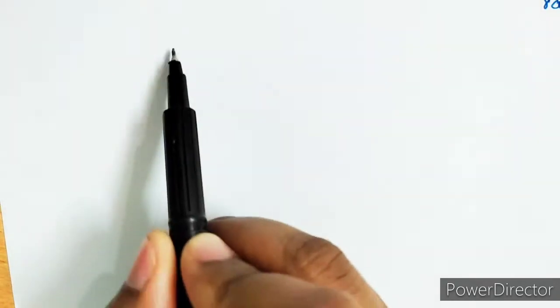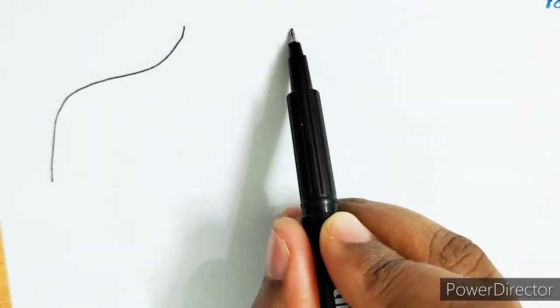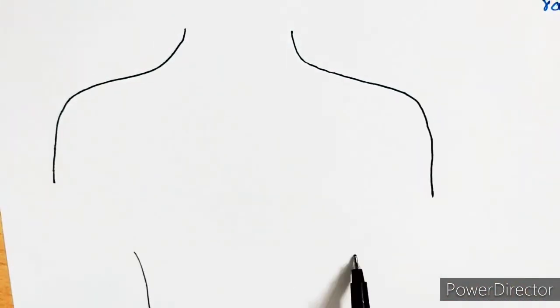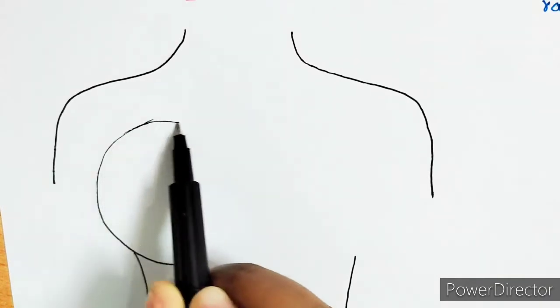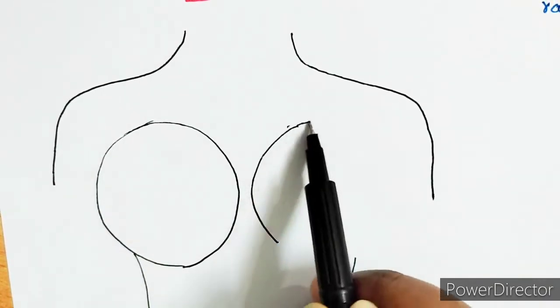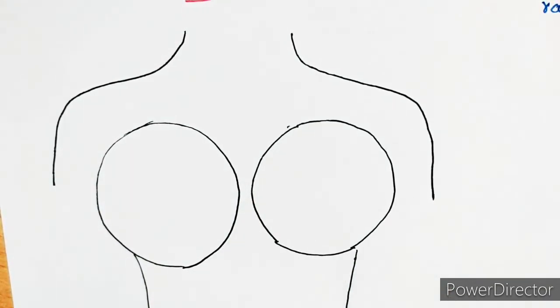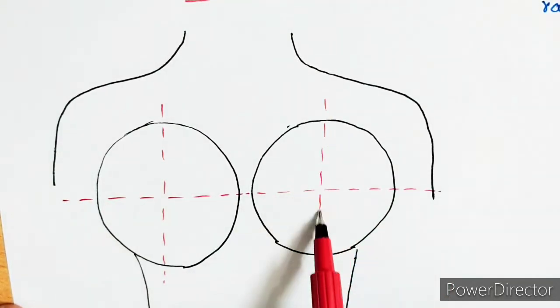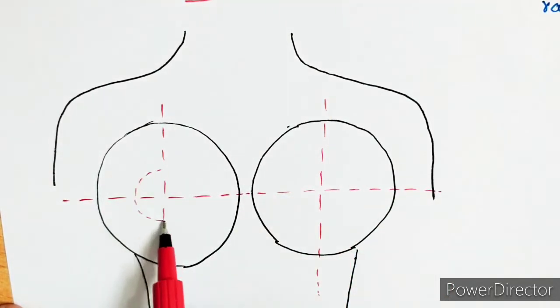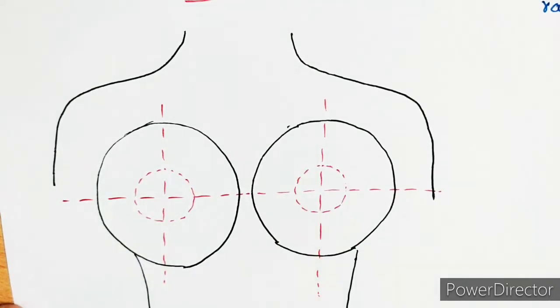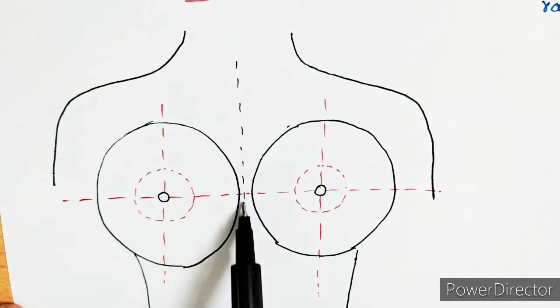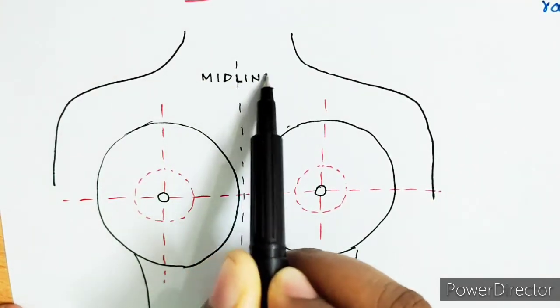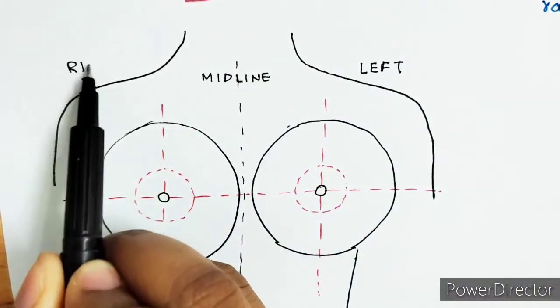To study the site of breast cancer, here is a diagram. Anatomically, we divide the breast into 4 quadrants and a central portion. So this is the midline, this is the left side and right side.